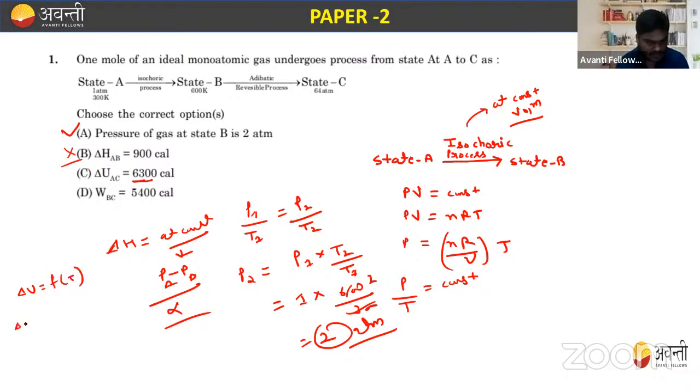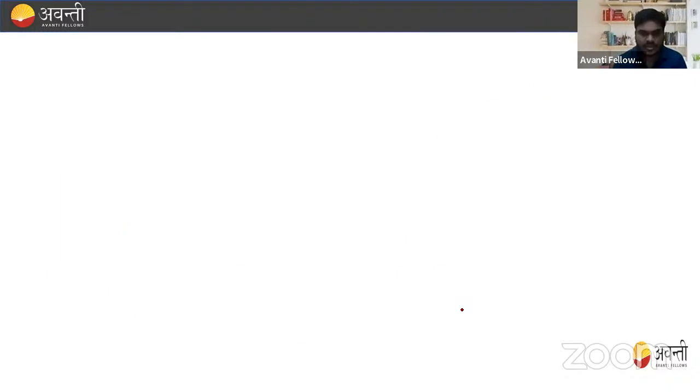So from the first law, delta U is equal to Q plus W, right? So in the first process, that is from A to B, that is isochoric process, the work done is 0. So in this process, delta U is equal to Q only, right? There's a heat supply, right? This is from A to B.